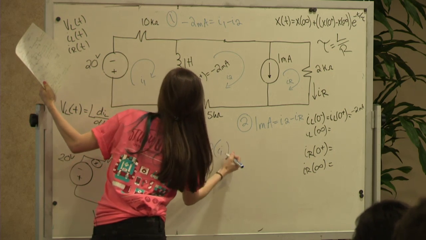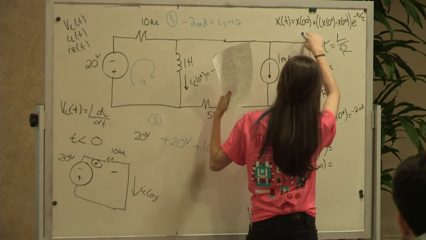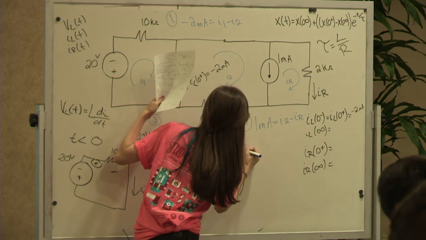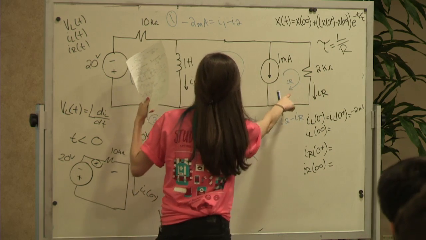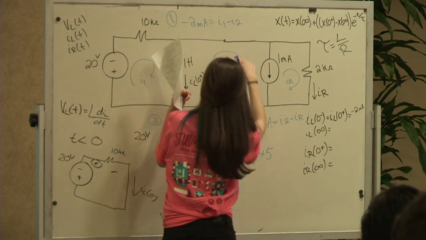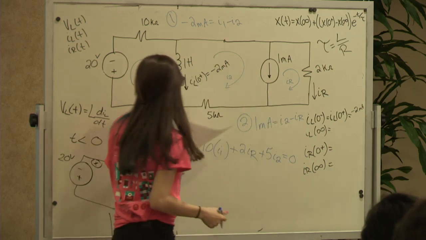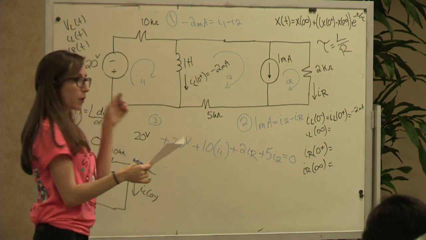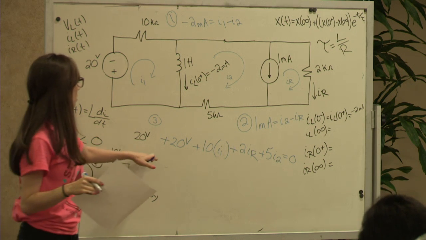Then go all the way here, because that's just a short, plus 2 times IR. And then all the way here, plus 5 times I2, equals 0, because this is a KVL. Any questions on that KVL?